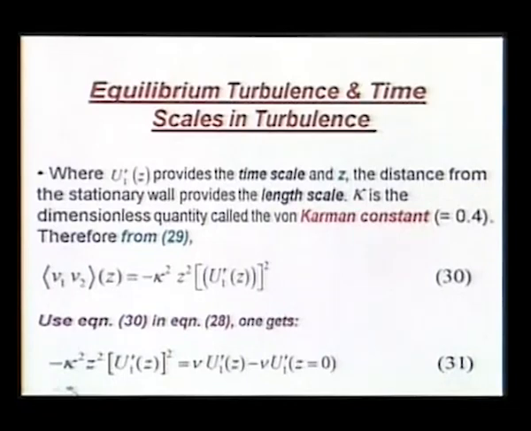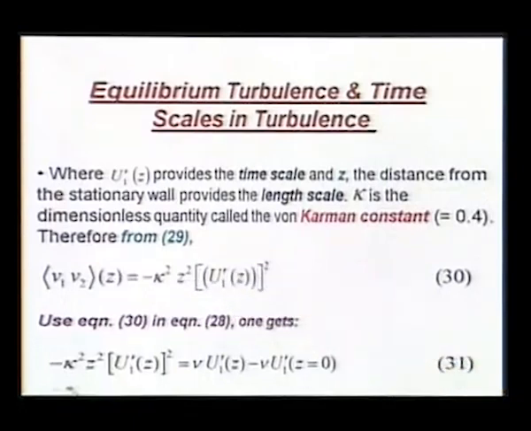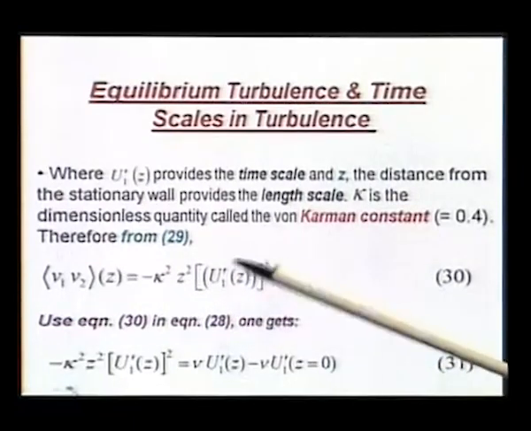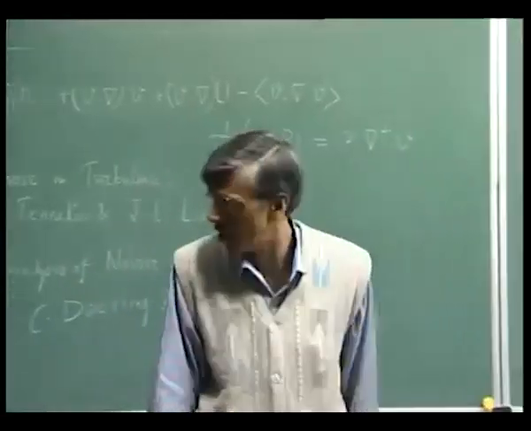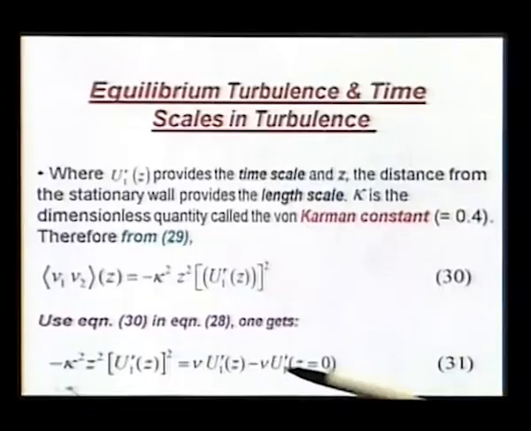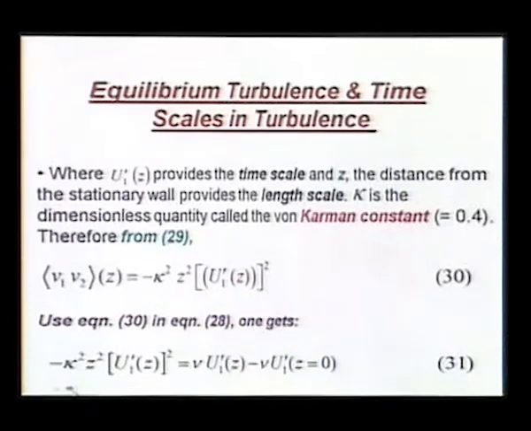One can show that. So, basically we have a solution for the Reynolds stress. Reynolds stress is simply given by this. Okay. So, I then substitute this in that governing equation. After integration we have gotten V1 V2 at z is this quantity written here, and this is equal to this.